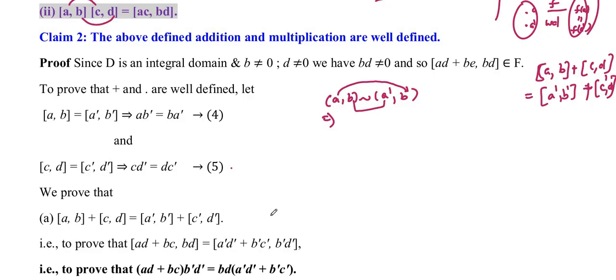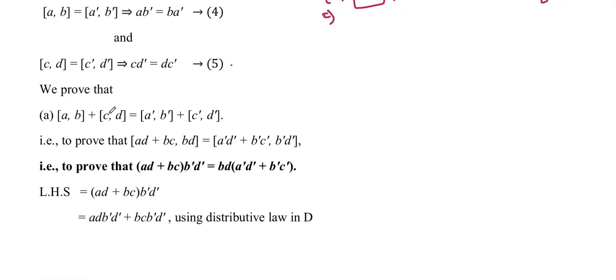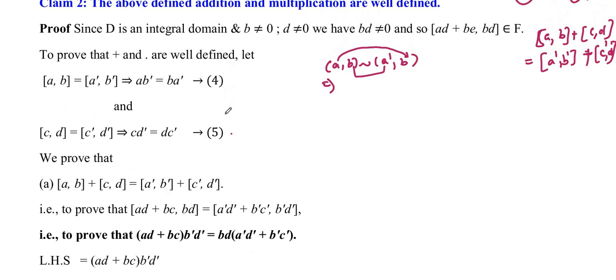Now we prove what I mentioned here. So this is what we are trying to prove. That is the same as proving, and we know how addition is defined. This is how it is defined: AD plus BC, then in the second place BD. And here A prime D prime plus B prime C prime, and then in the second place B prime D prime. So this is what we need to prove.